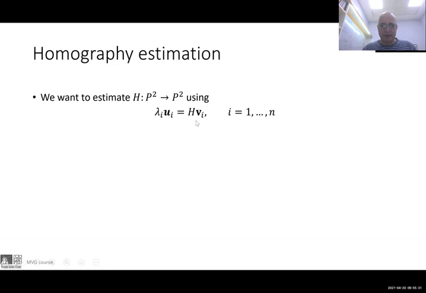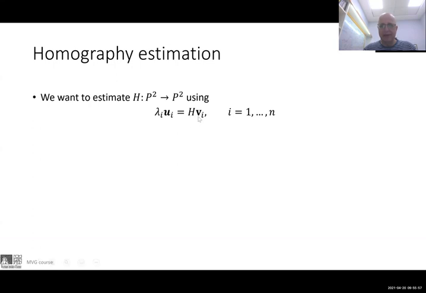So you have vi, let's say in one image, a homogeneous 2D coordinate vector. And you want to apply a homography, which is unknown, H. H is a linear 3x3 matrix.